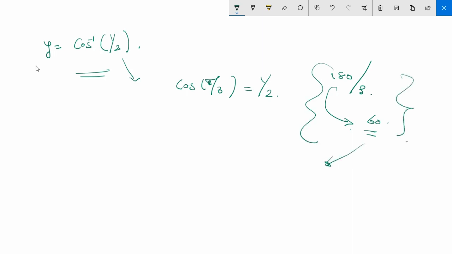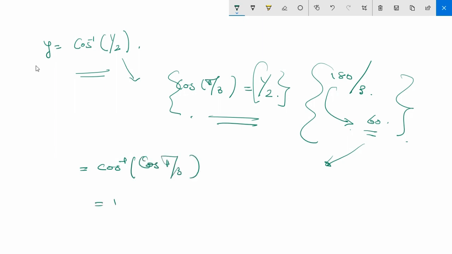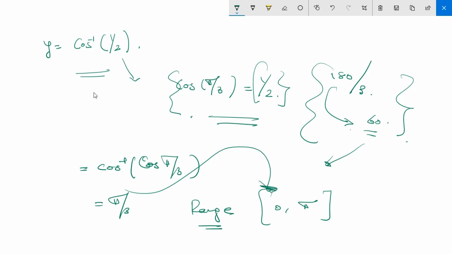So this is 1 by 2, so you can substitute it here, such as cos inverse of cos of pi by 3, and the answer is pi by 3, and the range for the cos function is 0 to pi, and this lies in this range.